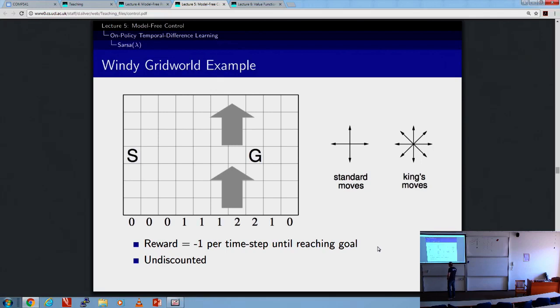The only complication is there's wind, and the wind pushes you up by this amount in these columns.